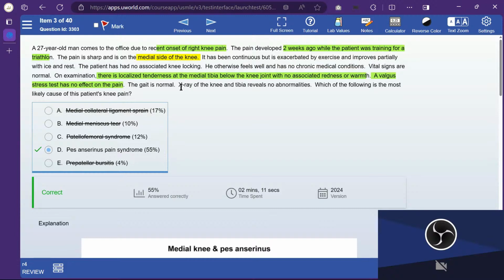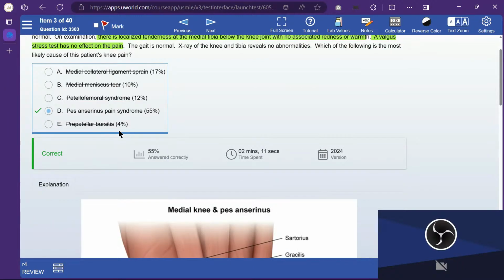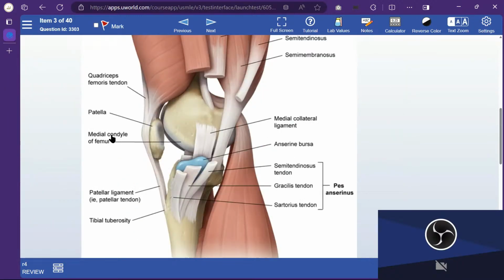As it is the medial side of the knee, pes anserinus, which is situated medially, comes to mind. Patellofemoral syndrome causes anterior knee pain, and prepatellar bursitis is also anterior knee pain. But pes anserinus is medially placed.